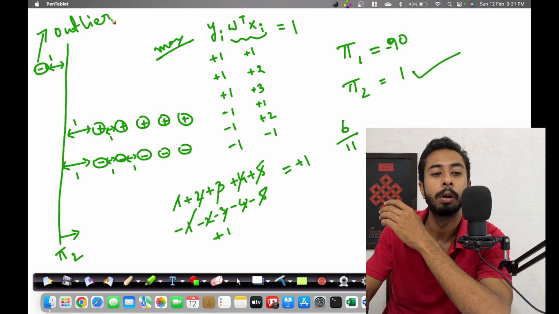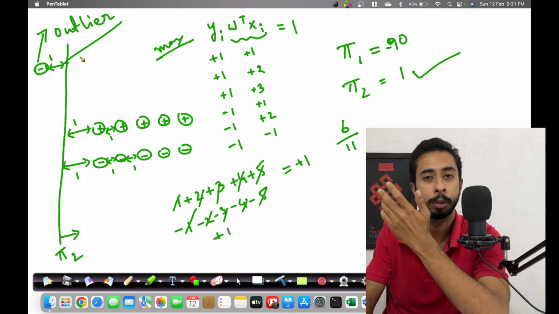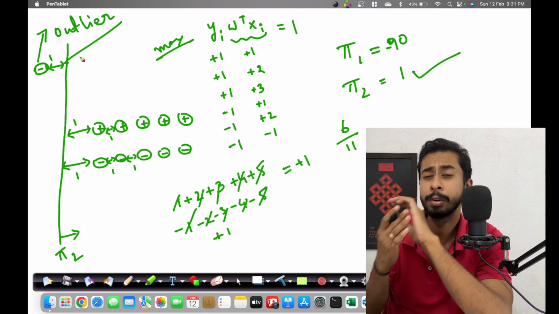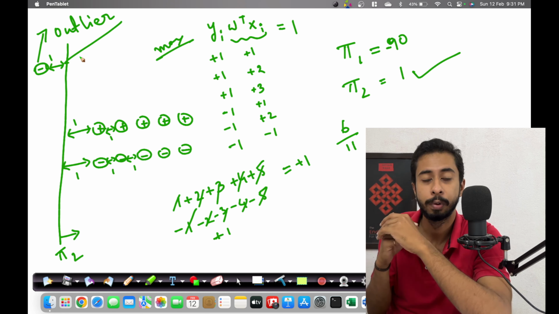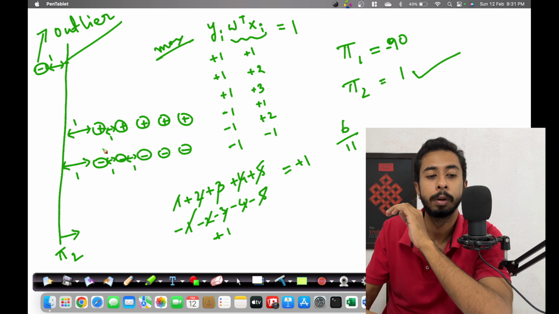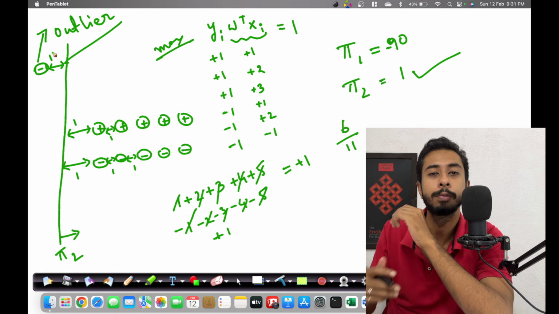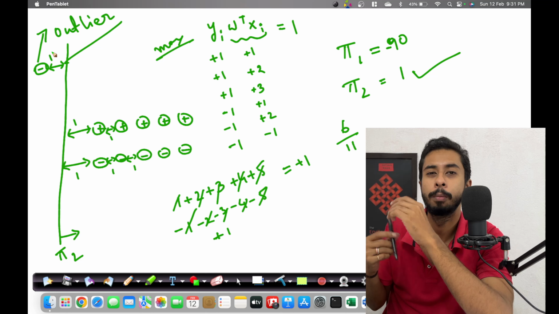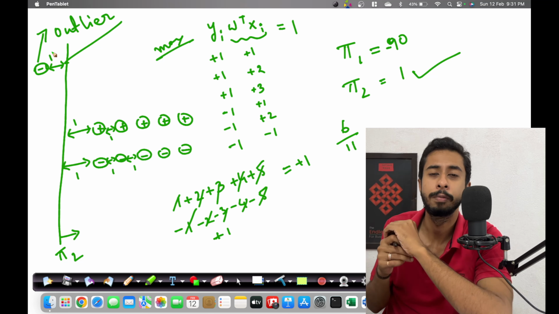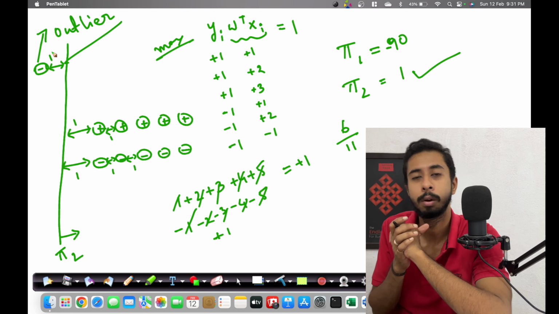Outlier. Okay, you already know the concept of outlier, but still I'll just reiterate. A point which is an exception, right? See, all the points are within one distance, or they are clustered together, but this point is far apart. Say the human heights are in the range of, let's say, 3 feet to maybe 6 or 7 feet.